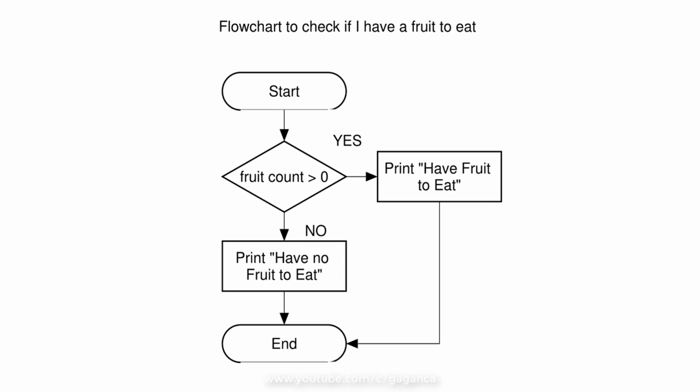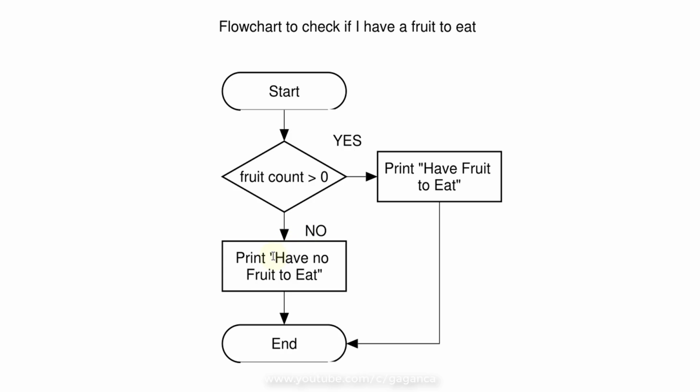We can consider a very simple flowchart diagram to understand the flow control in a program. It will check if I have a fruit to eat or not. A condition in a flowchart is represented by a diamond shape. This diamond shape is checking for a condition. If the fruit count is greater than 0, then I will have a fruit to eat.